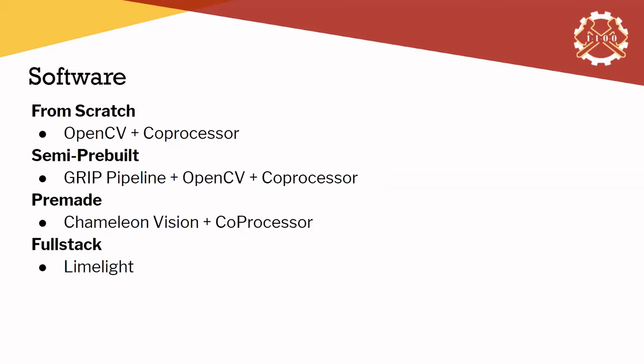So we place a coprocessor alongside the RoboRio to handle the intensive calculations and operations that we sometimes have to do. Since computer vision takes a decent amount of resources, we typically don't want to task the RoboRio with running the robot code and the vision at the same time, because then you'll start to experience some latency.